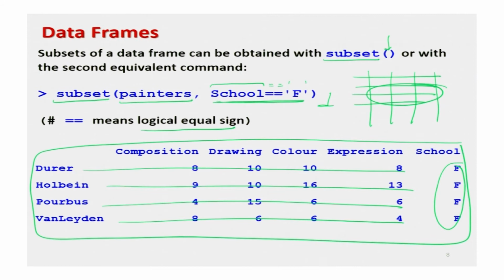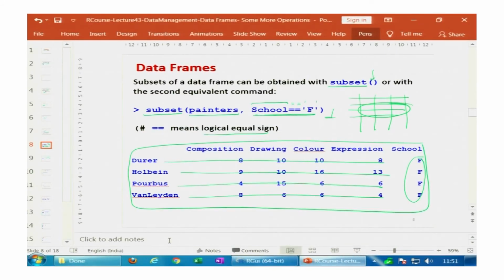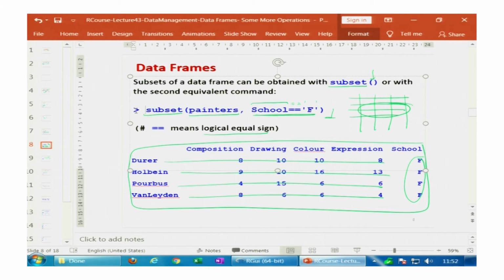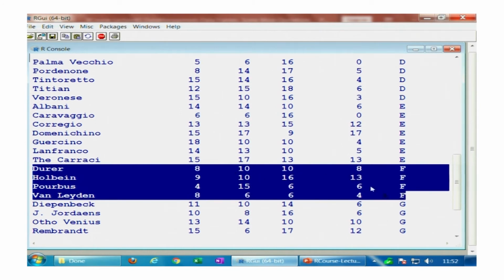So why not first execute these operations on the R console? Let me first use this command subset and see how it operates. You can see that with the subset command we are going to extract this data set: Dürer, Holbein, Porbus and Van Leyden.